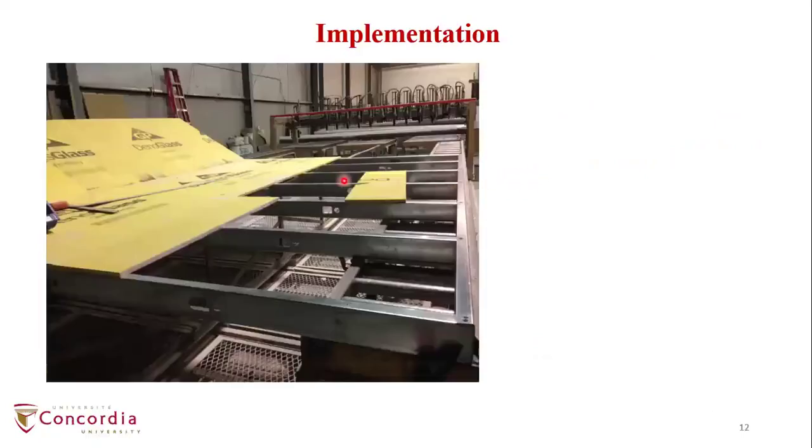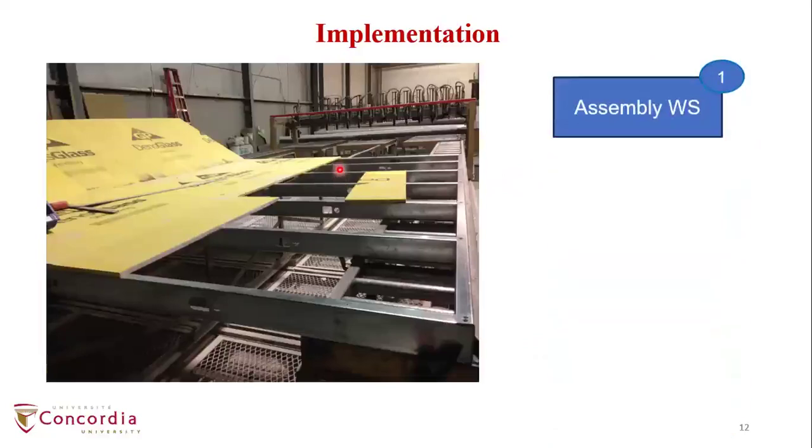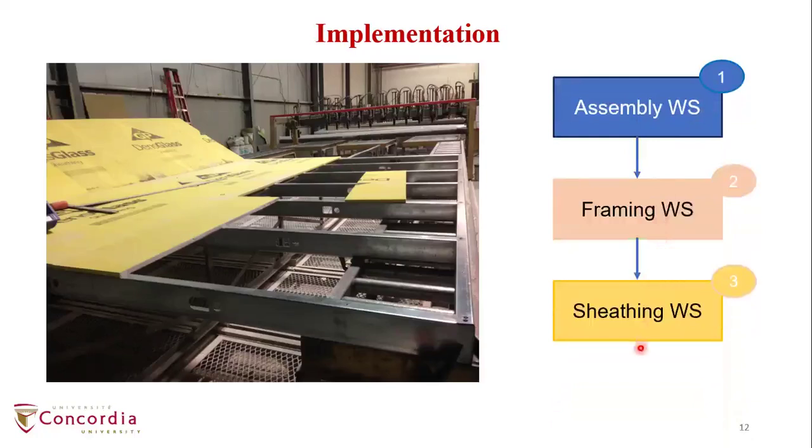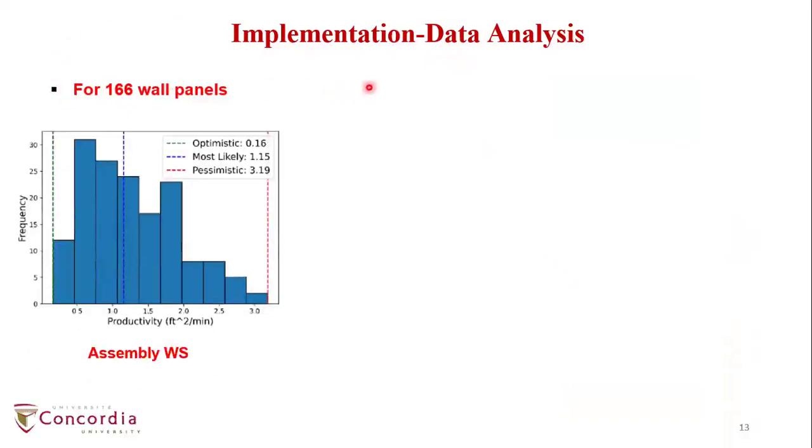Implementation. Our proposed method has been implemented in a real case: a steel wall production factory in Edmonton, which has three workstations: the assembly station, framing workstation, and sheeting workstation. From the factory data, we analyzed the data and developed a histogram to determine the optimistic, most likely, and pessimistic productivity for each workstation.